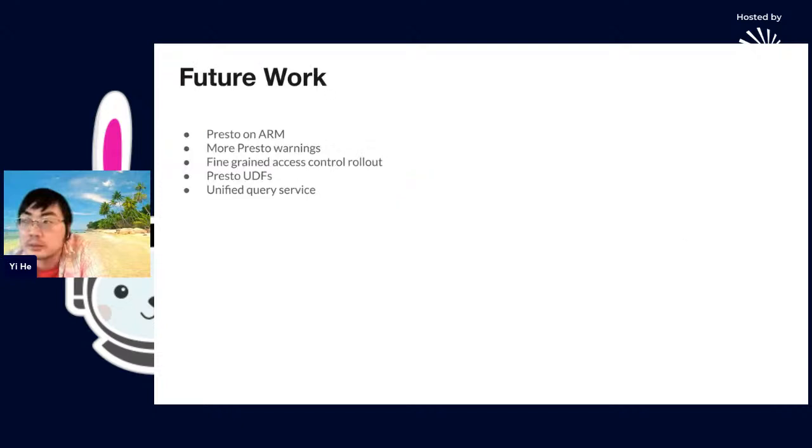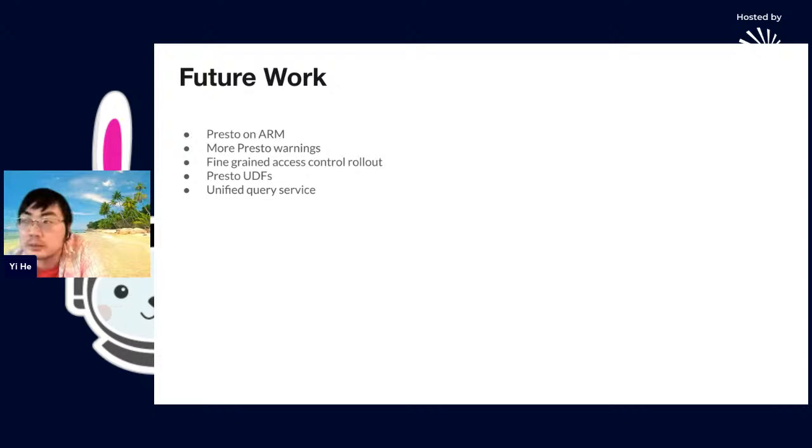So that is what is going on at Pinterest so far. There's some more exciting work we are planning in the future. One thing we definitely want to evaluate is Presto on Graviton.